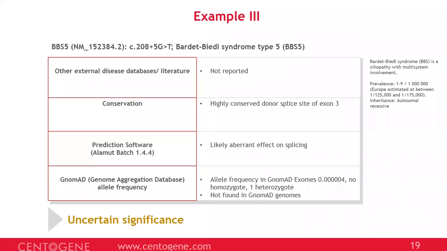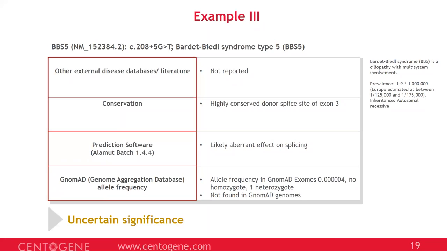So we had the genotype-to-phenotype correlation. The index was homozygote, the parents heterozygote, but we couldn't have, at that time, any supporting evidence for pathogenicity. Nothing against, but nothing more.